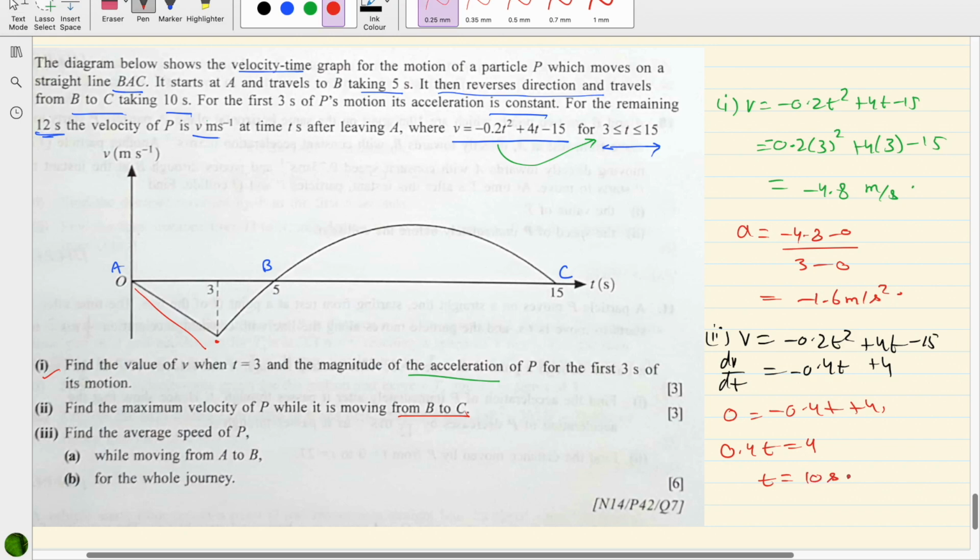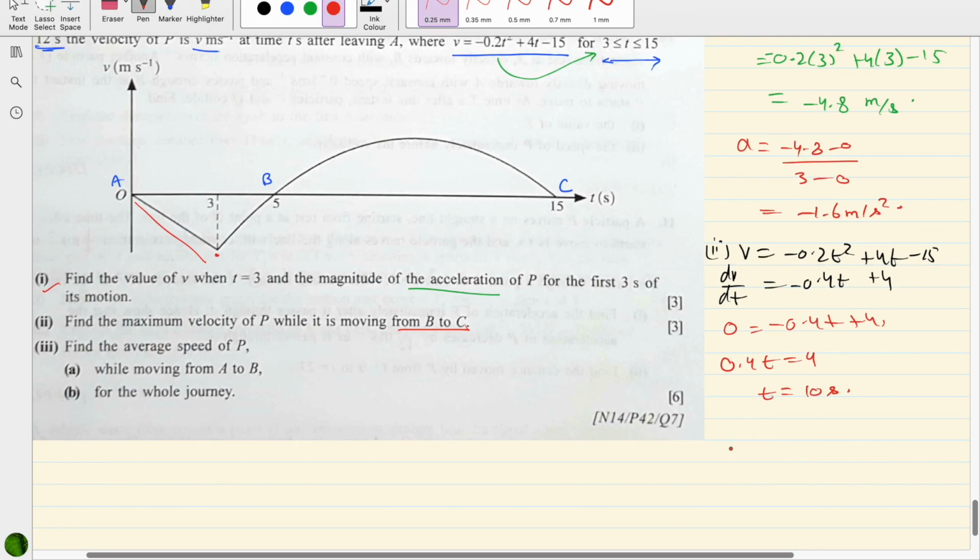So at time 10 seconds, we have the maximum velocity. Using the same equation again, velocity is negative 0.2 times 10 square plus 4 into 10 minus 15, which is 5 meters per second. So this speed right here is 5. This was minus 4.8.